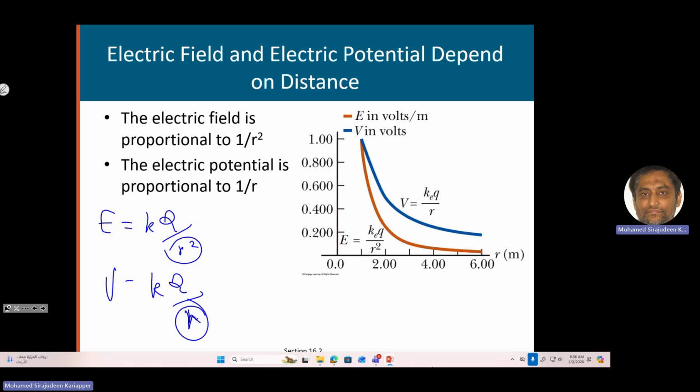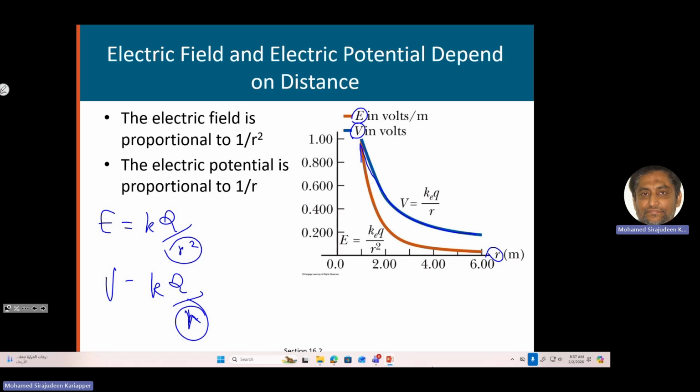So if you draw a graph of both electric field and potential as a function of r, you get two lines, one for electric field, which is the brown line, and one for electric potential, which is the blue line. Because this is 1 over r dependence, it drops a little less rapidly, but the brown line, which is for the electric field, drops faster, because it is 1 over r squared.